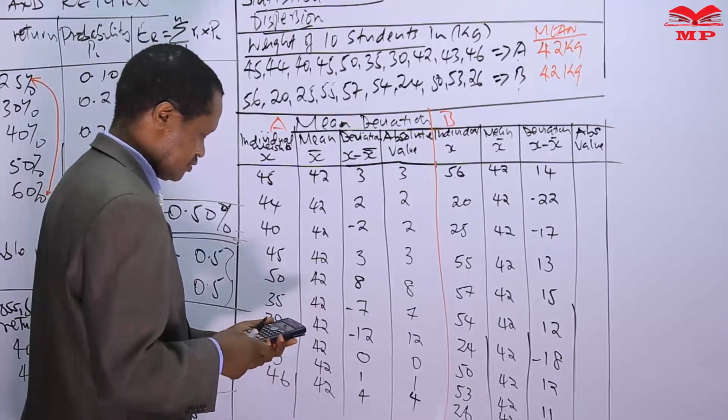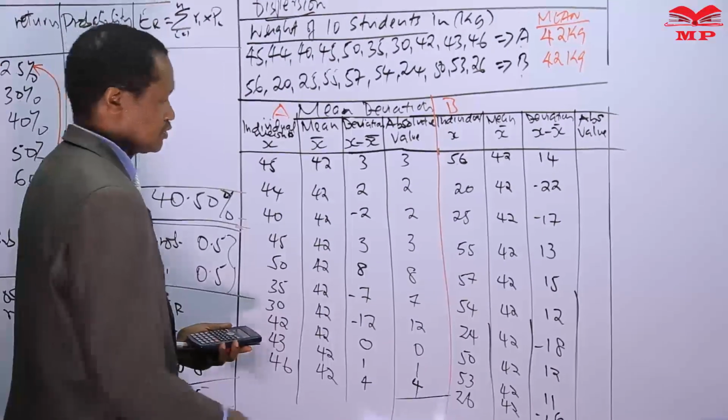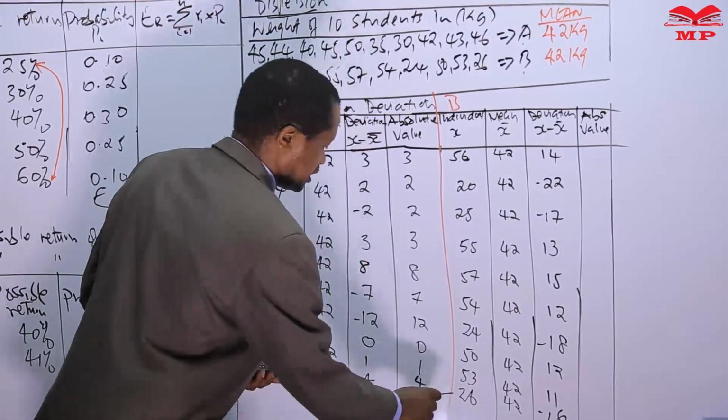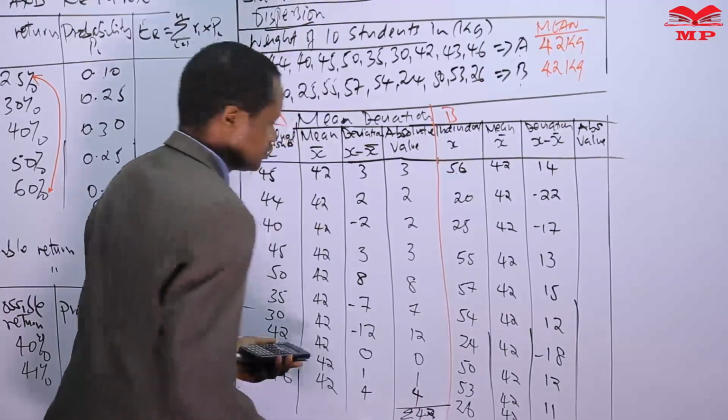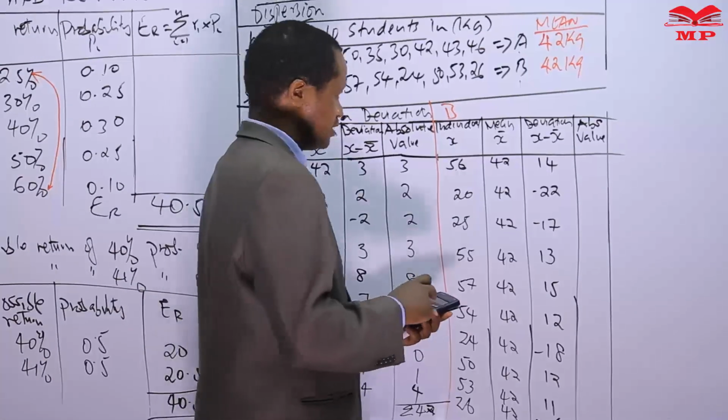This is equal to 42. The sum of the absolute values of the deviations is 42. We move on to the second class.